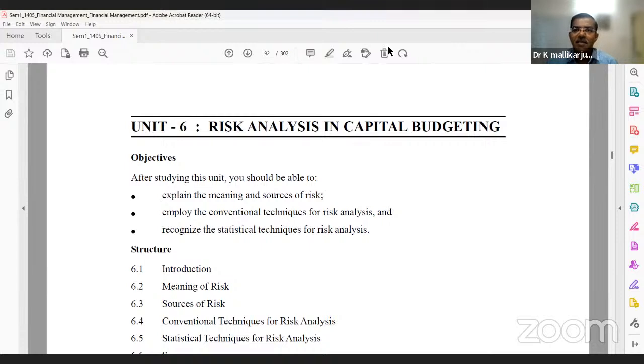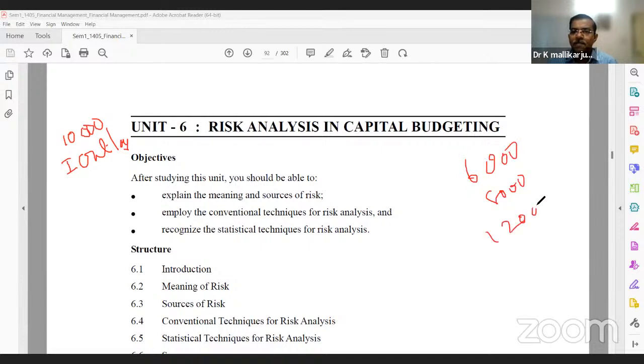Whatever we discussed earlier, we assumed that if the firm starts a business, the project costs 10 lakh rupees, which is the initial investment or initial outlay. And we assume the cash flows are like 6,000 the first year, 8,000, 12,000, 15,000, 40,000. These are estimated cash flows.